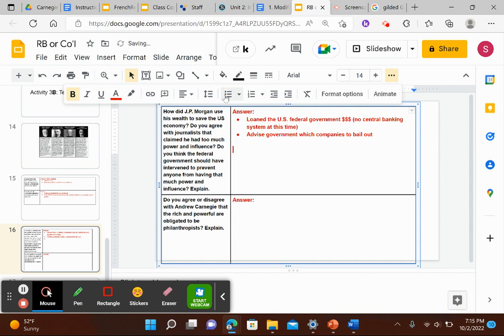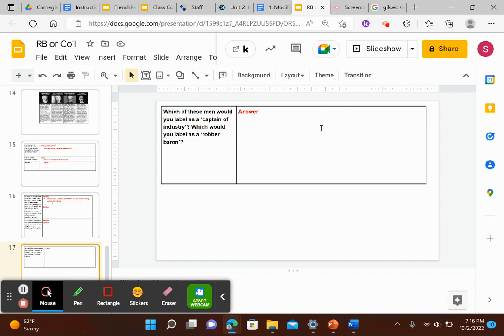So now you type your opinion here based on those two questions. And again, do you agree or disagree with Andrew Carnegie that the rich and powerful are obligated to be philanthropists? Again, this is your opinion. Go ahead and hit pause to answer these two questions and come back when you're done.